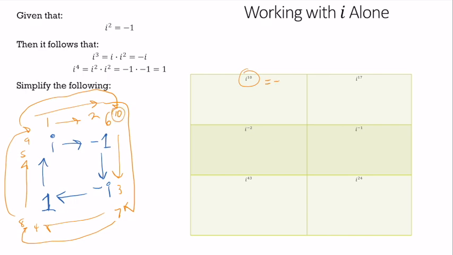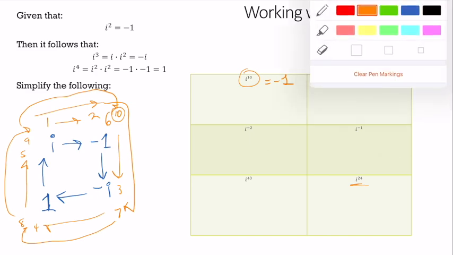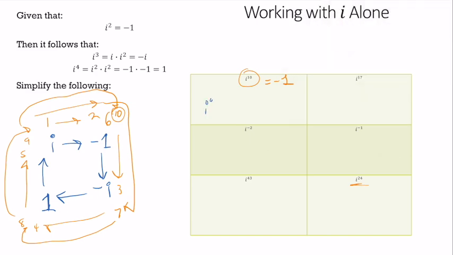And you might be like, oh my gosh, Dr. Miller, how am I supposed to do something like i to the 24th? Well, we can think of i to the 10th as i to the 4th times i to the 4th times i squared. Well, i to the 4th is 1, and i to the 4th is 1, and i squared is -1. That's why my answer is -1. So I would always look for, can I pull out factors of i to the 4th?